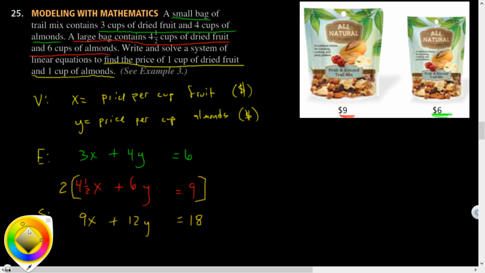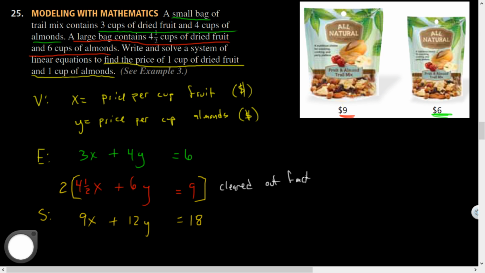And so I cleared out fractions, multiplying by the LCD, the least common denominator of all of the fractions. So between 1, 1, and 2, 2 was the least common denominator, and so I multiply everybody by 2.